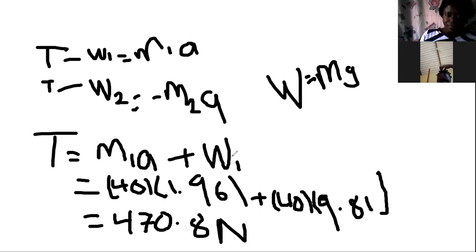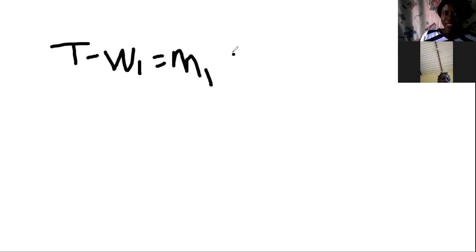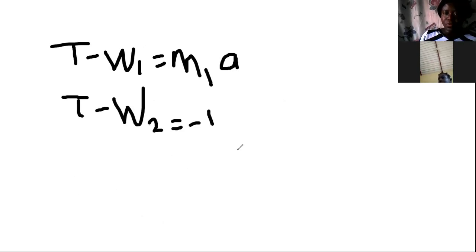Let me just rewrite our equations. We have two equations. The tension minus the weight 1 is equal to the mass 1 times its acceleration. And we have another equation, which is the tension minus the weight 2, which is equal to minus mass 2 times the acceleration.